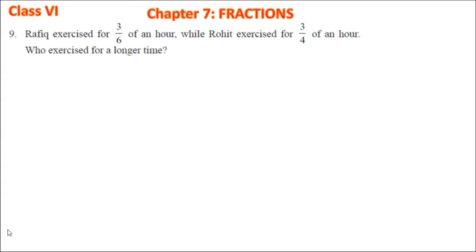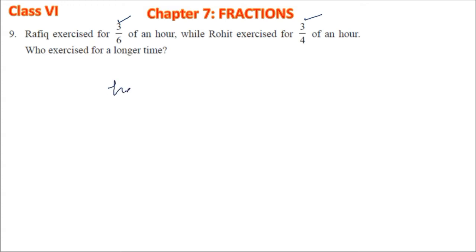Question number 9. Rafiq exercised for 3 by 6 of an hour, while Rohit exercised for 3 by 4 of an hour. Who exercised for a longer time? Since both are given in terms of fractions, we can just compare these two fractions.